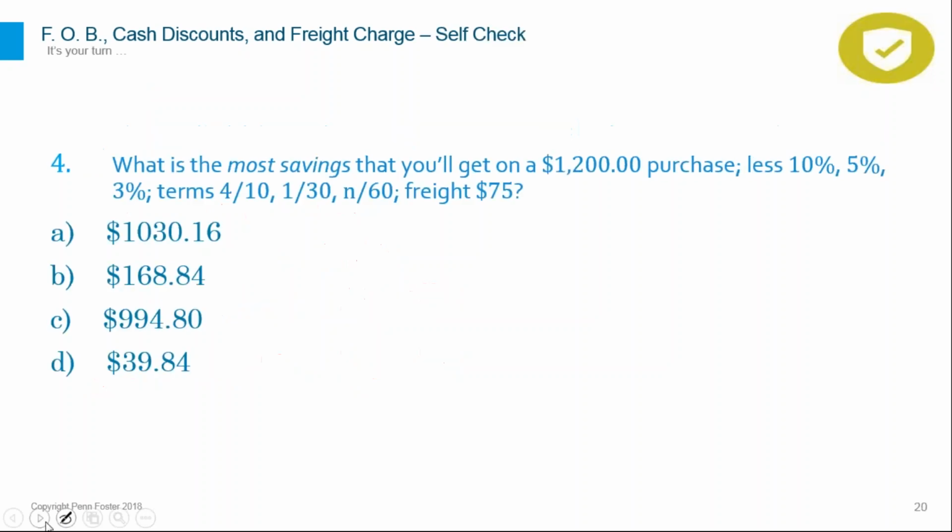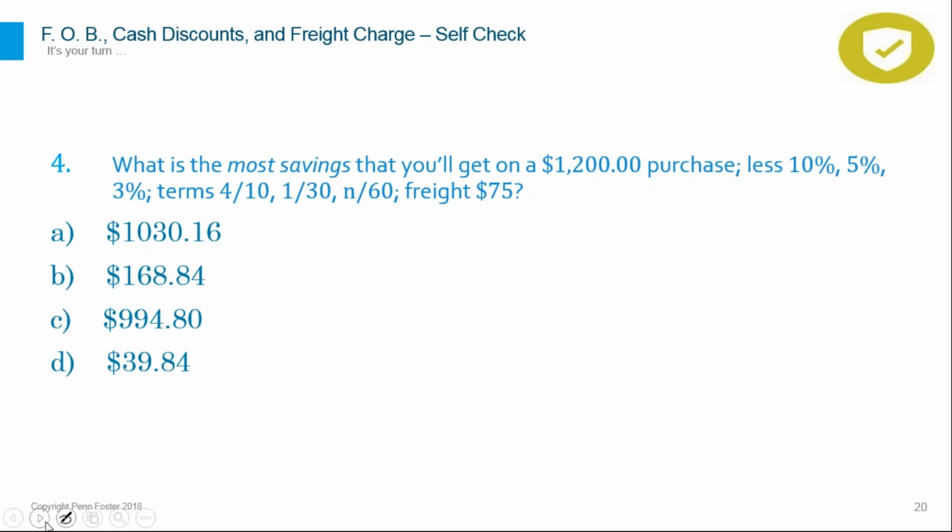Okay, let's look at a self-check question. What is the most savings? So that is equivalent to the least selling price. You have to find the most savings that you will get on a $1,200 purchase, less 10%, 5%, and 3%.